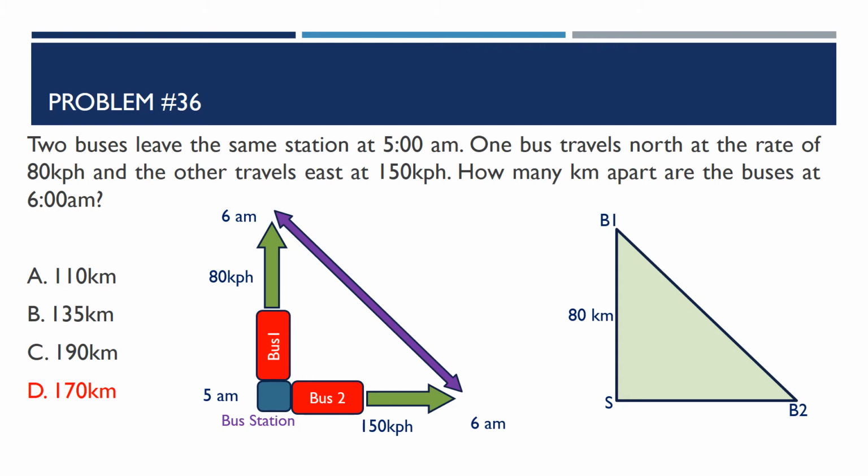And then for bus 2, since it's 150 kilometers per hour, it reaches 150 kilometers after an hour. And then we're looking for this part, which is actually the hypotenuse of this right triangle.